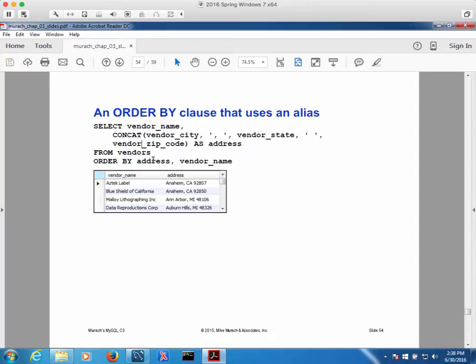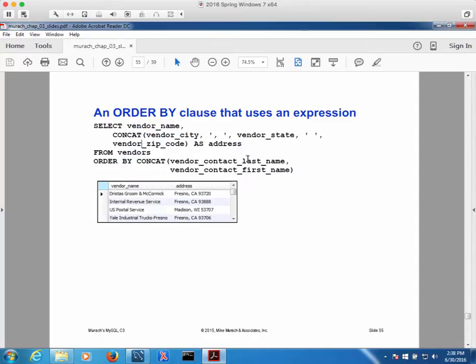That is okay to use in the order by clause. It's not okay to use everywhere, but it is okay to use in the order by clause. Here's one that uses an expression. We want to take two columns and concat them and use that for sorting it.